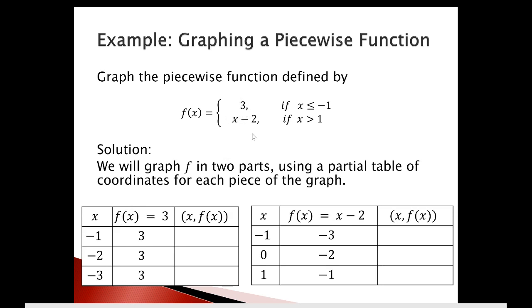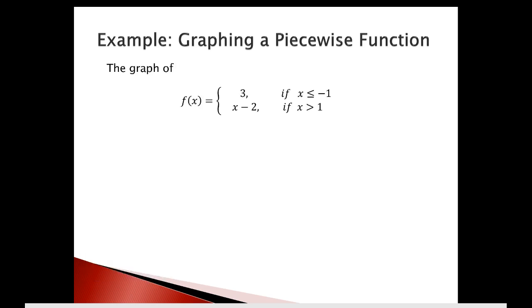And also for the second case, f of x is equal to x minus 2. When x is equal to these values, now we can calculate the values of f of x. And we have these points after calculating f of x. After that, we plot these points on the plane and we connect them.